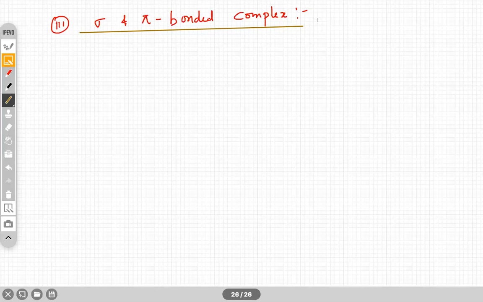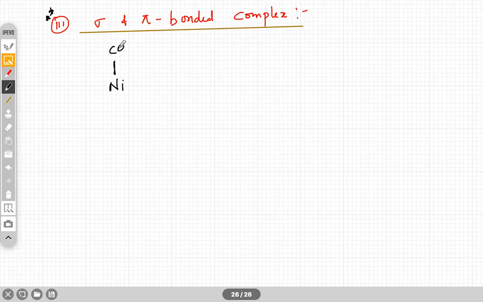Okay. So this is basically the metal carbonyl compound. In that only we have sigma and pi bonded complex there. Right? The oxidation state of the metal is 0. This one is also important. On this also they have asked question many times. For example, you see Ni(CO)4, since the ligand is neutral, so oxidation state is 0.